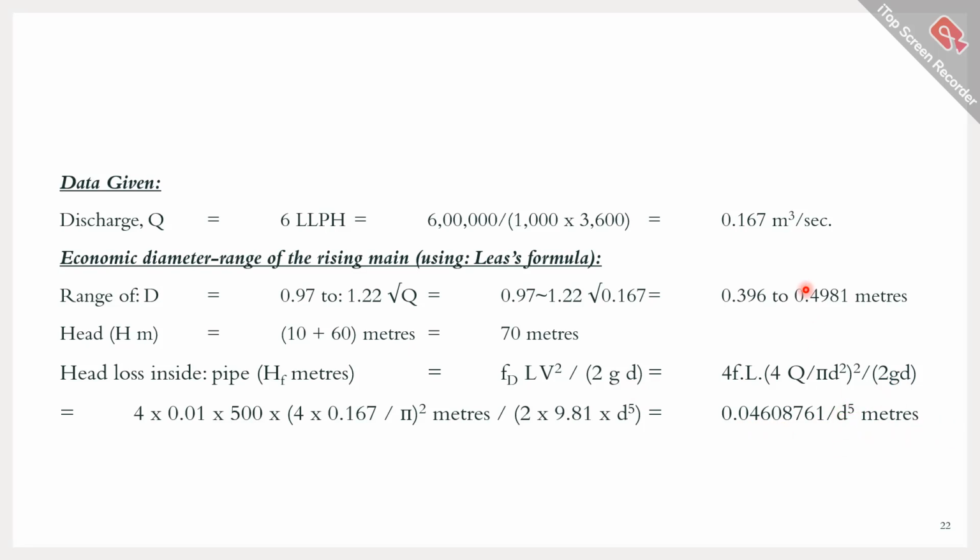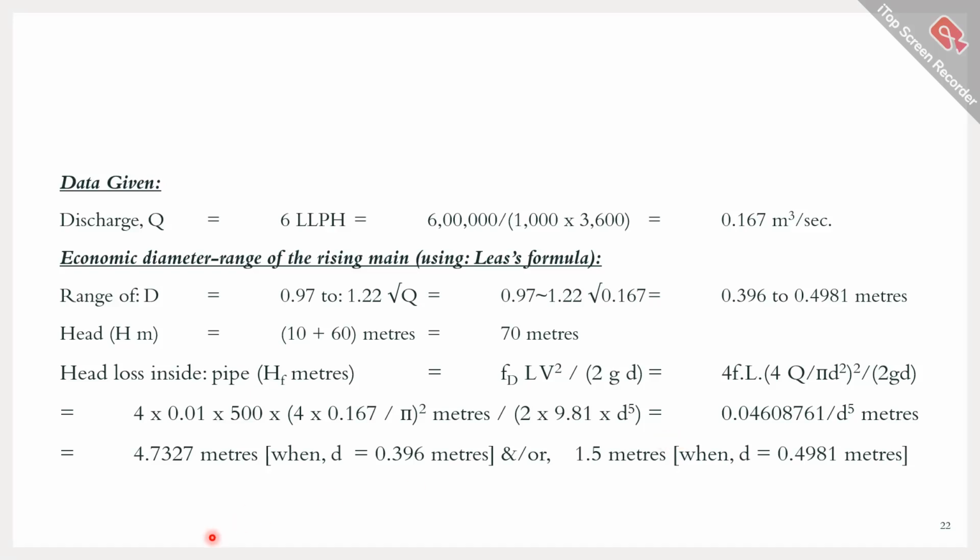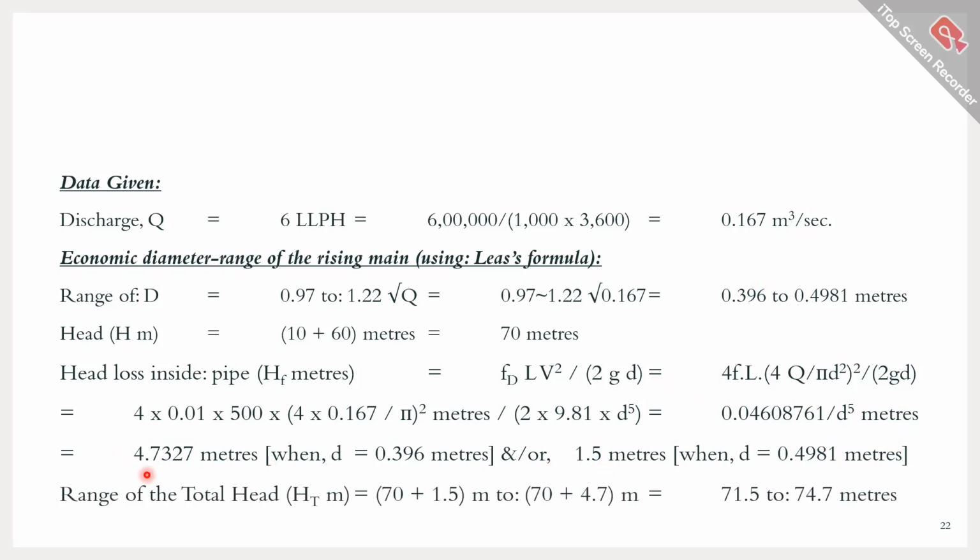Now if we put in the range of D, it will give you 4.7 when D is 0.4 meters and 1.5 meters when D is 0.5 meters. So you put the D values in this form, and you will get this range, 1.5 to 4.7.